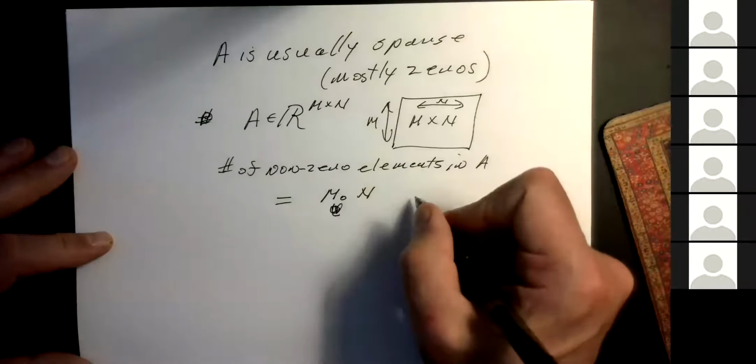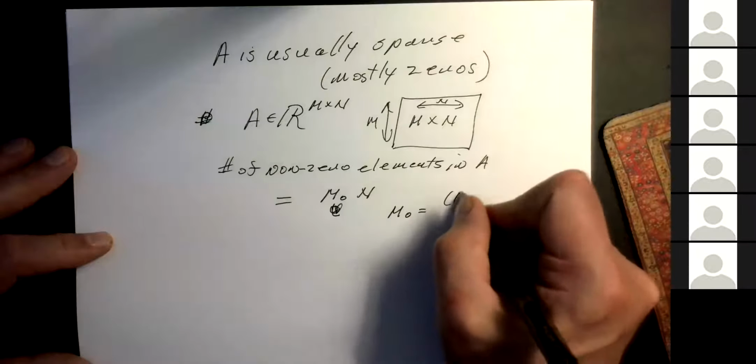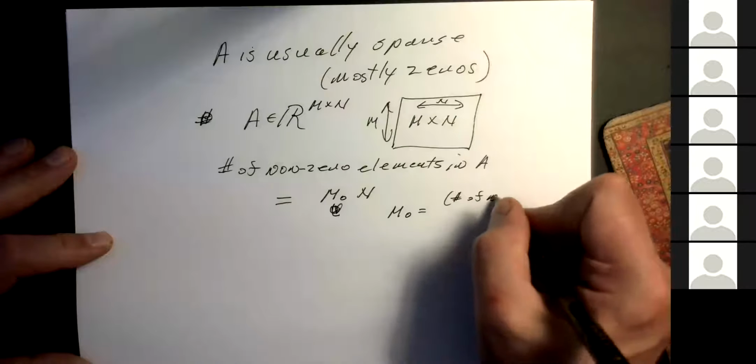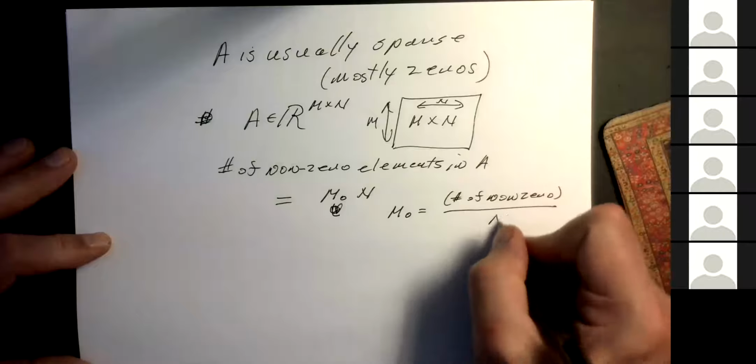So basically the way to think of it is that m0 is equal to the number of non-zero elements divided by n.